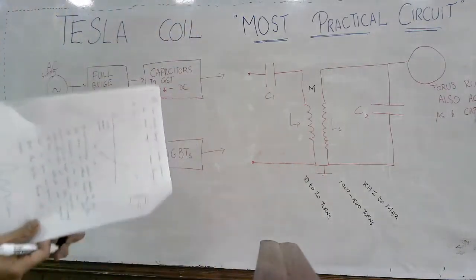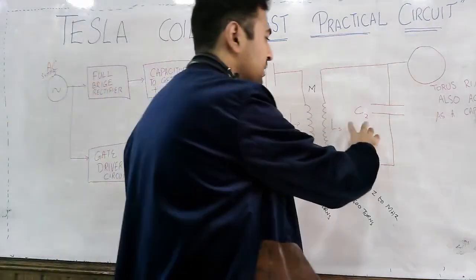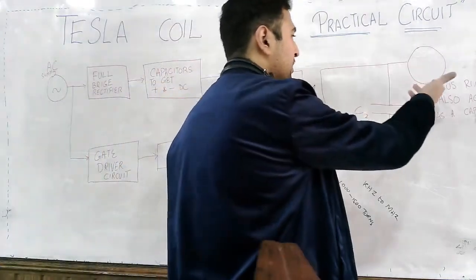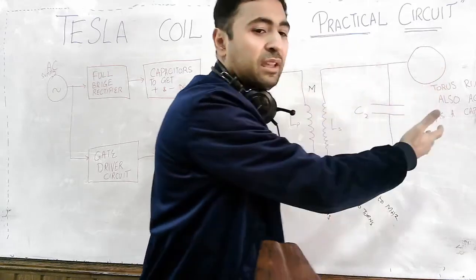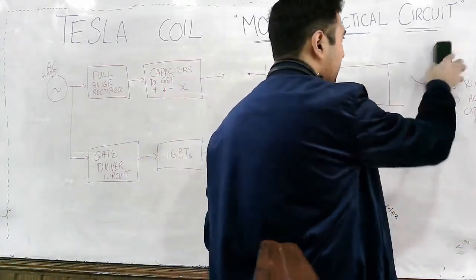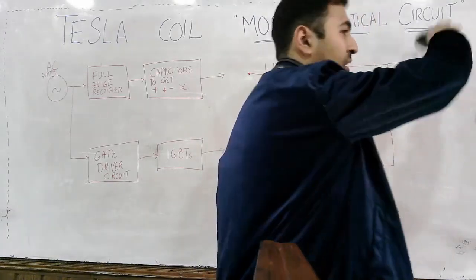Before we proceed further, first let us understand this secondary side. So this is the capacitor, and this also behaves as a capacitor. This is like an electrode. So for a moment I am going to neglect this, because this electrode is just used to spread the arcs in the surrounding environment.